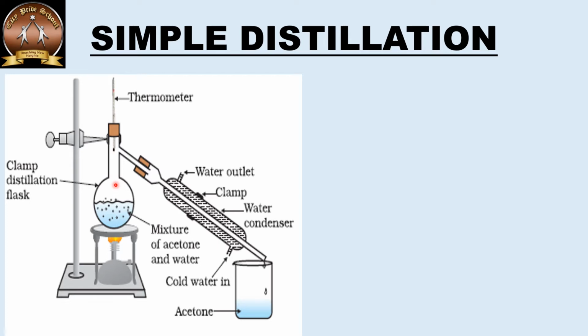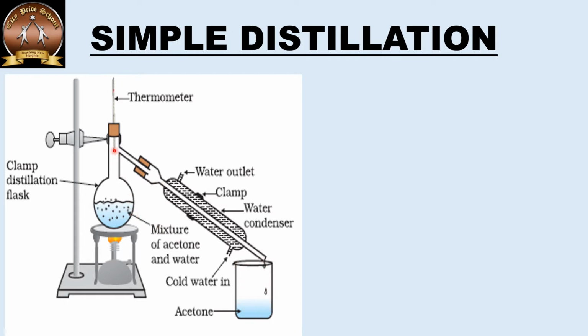So as the concentration of the acetone vapor increases, it gets pushed into this Liebig condenser. The condenser has a low temperature, and the cool water circulating condenses the acetone. Acetone starts getting condensed, and drop by drop it gets collected in this jar.